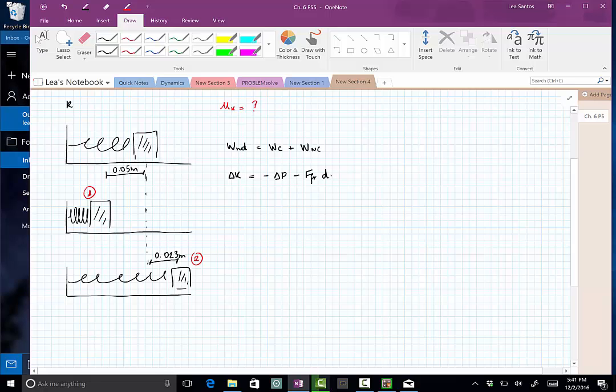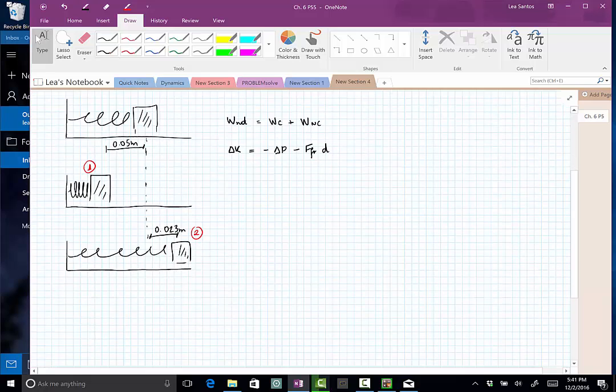Okay, let's play a little bit with this equation and rewrite it in a more familiar form. The change in kinetic energy is the final minus the initial. The change in potential energy is the final minus the initial. And we have here the work done by this non-conservative force, which is the friction force.